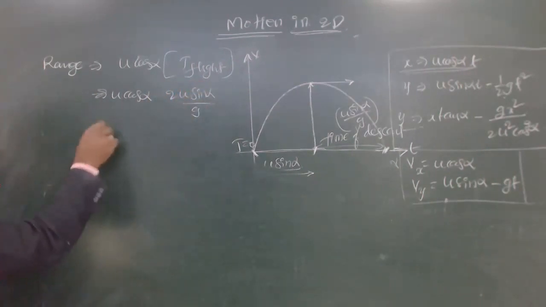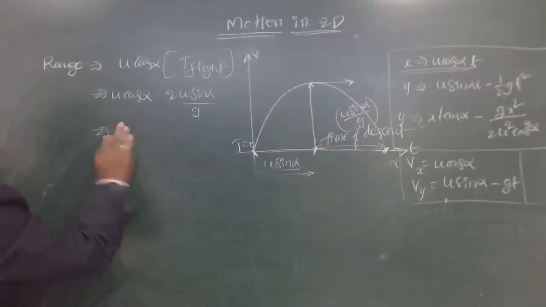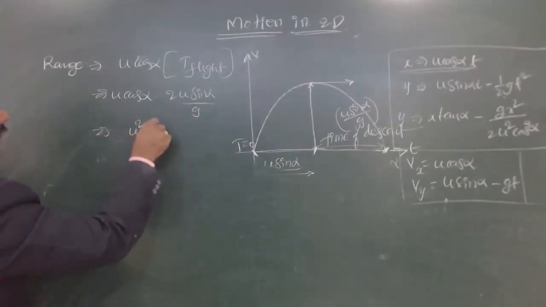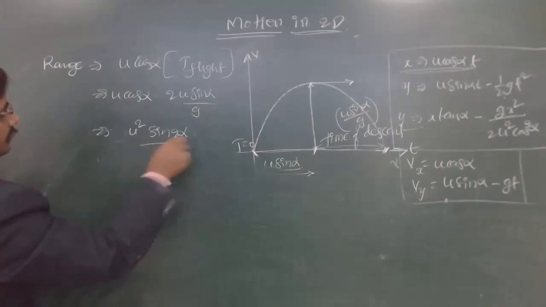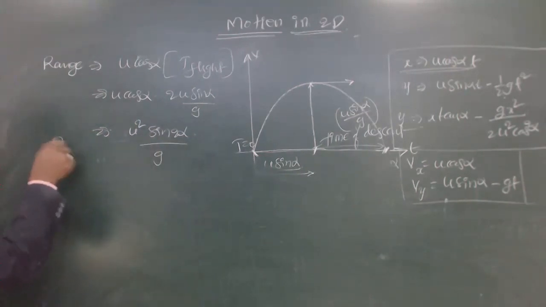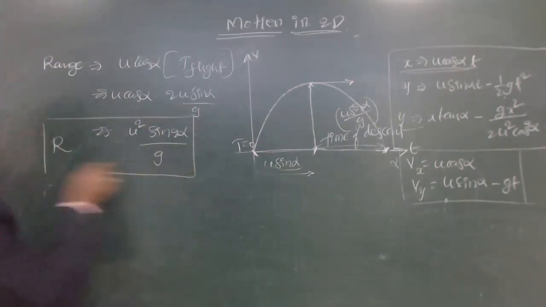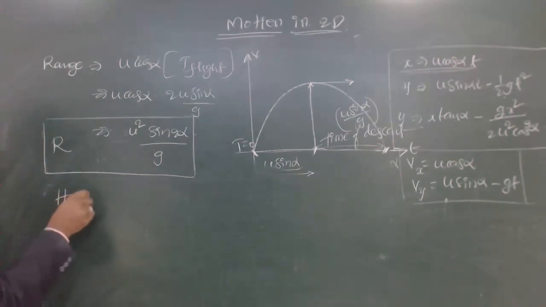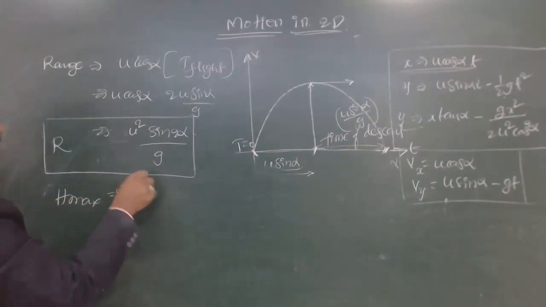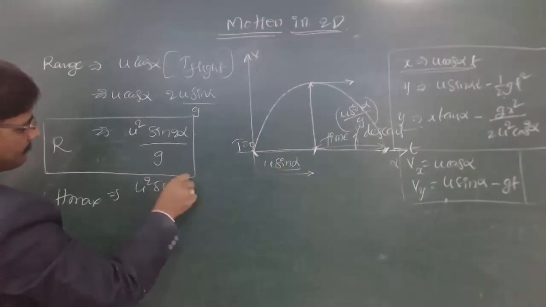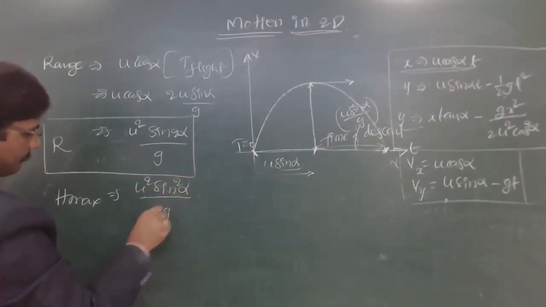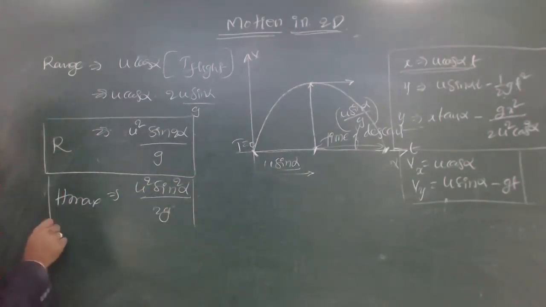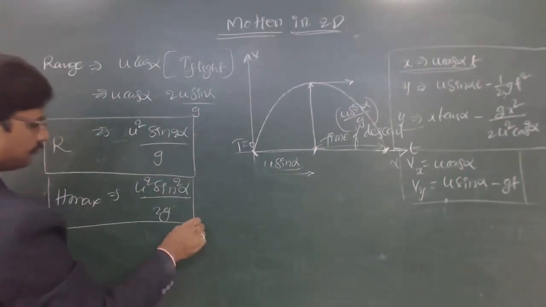Here 2 sin alpha cos alpha gives sine 2 alpha, so this is u square sine 2 alpha by g. So this is the range. H max we have got as u square sine square alpha by 2g. This is the H max.